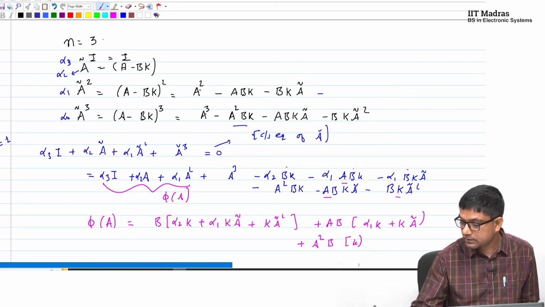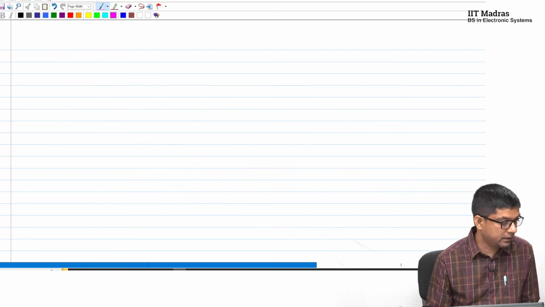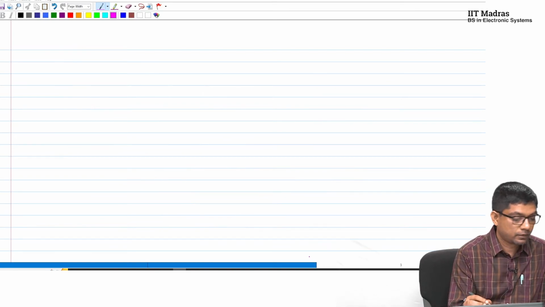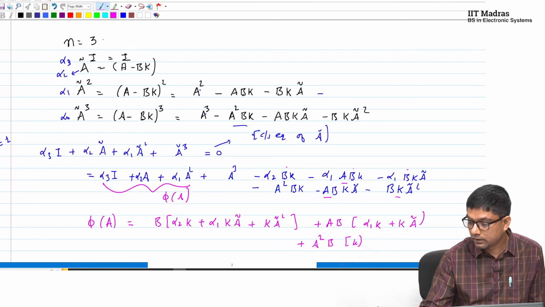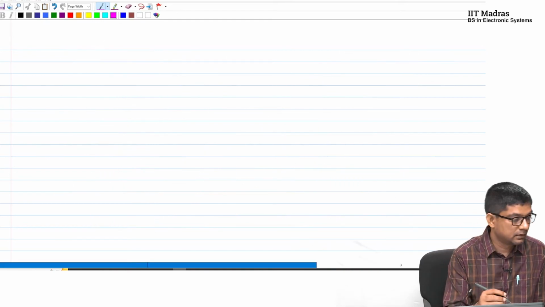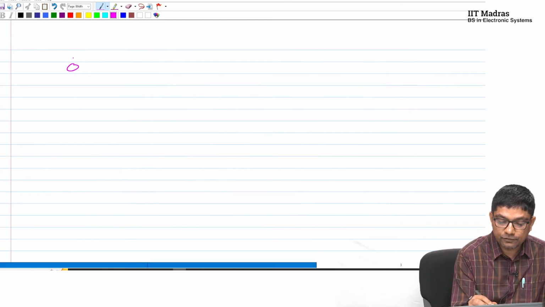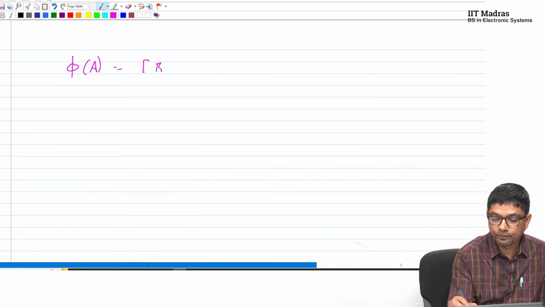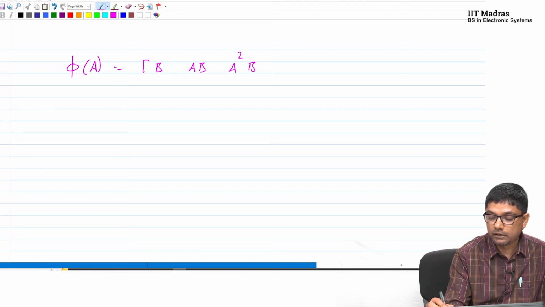Okay, so something nice seems to be happening here. So, what I have is b, ab, a square b. This looks very familiar to what was happening in my controllability matrix. So, again on the left hand side I have phi of a is b, ab, a square b.